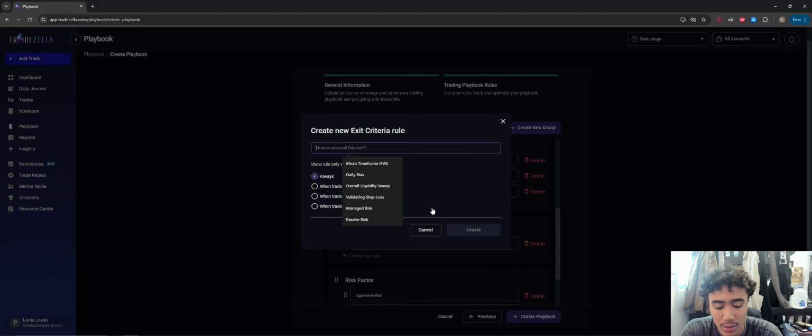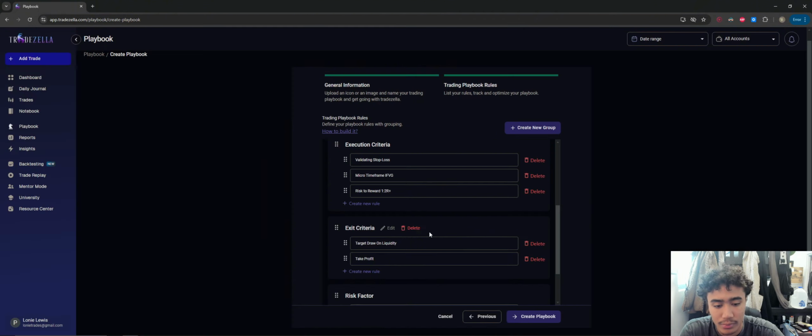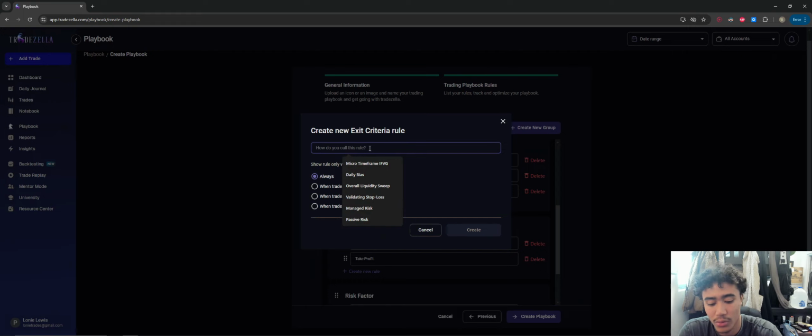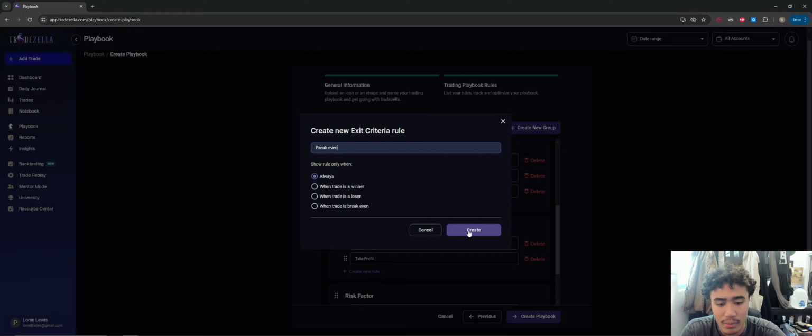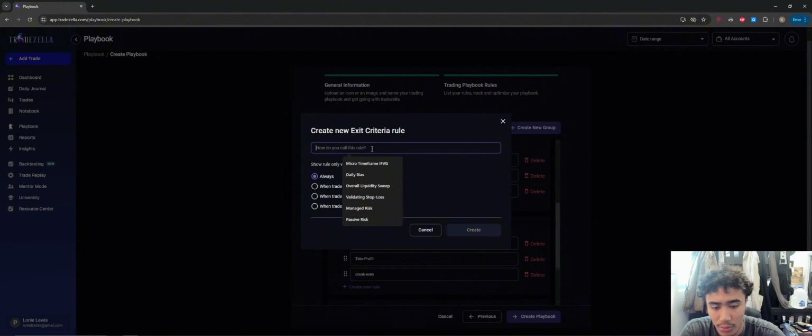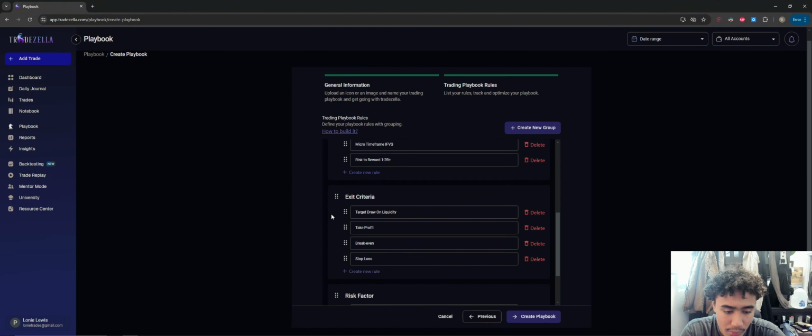You could throw these 2 in, which I like to do. Then you can also throw in break even. And then you can throw in stop loss. Better yet, I'm actually going to go in right now and put together target draw on liquidity and take profit.